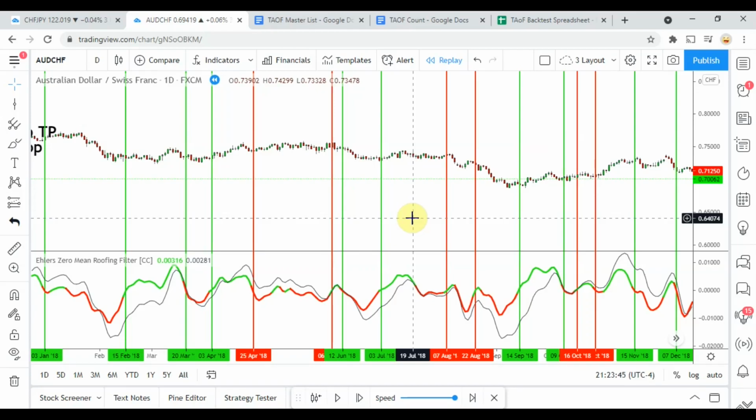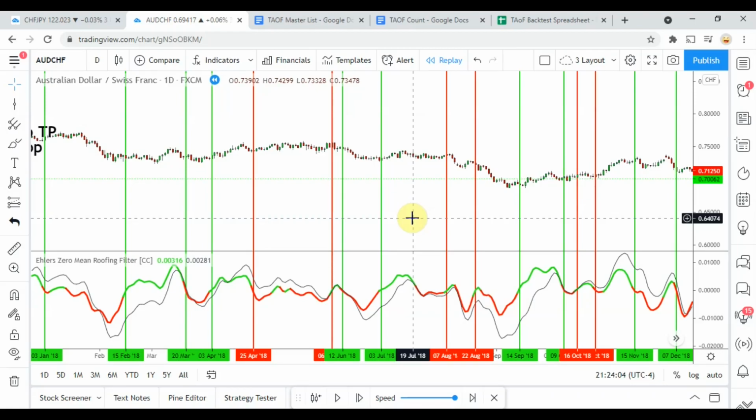Out of all of Ehlers' indicators, I think this is one of the best ones that we've tested so far, even though it wasn't a massive win rate. I mean, it just kind of barely edged up over that 60%. But a lot of Ehlers' indicators seemed like, as a standalone indicator, they really didn't work that well.